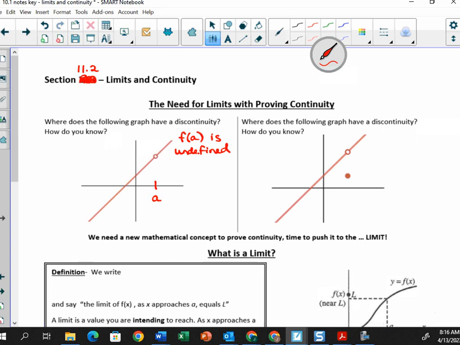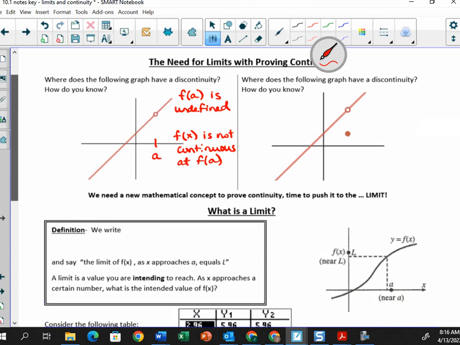I can also say f of x is not continuous at A. We can see that that's not a continuous graph. Visually, you just look at it and you can say, okay, I see there's a hole in the middle of that graph.